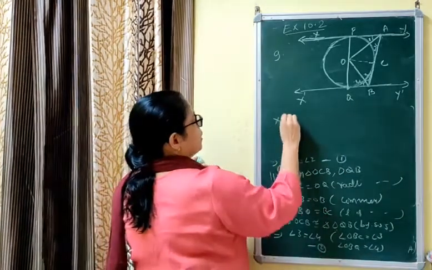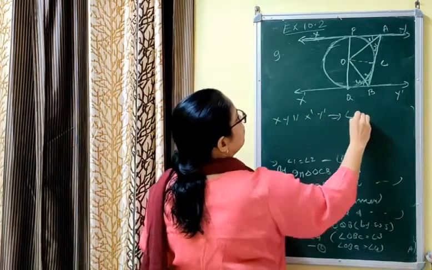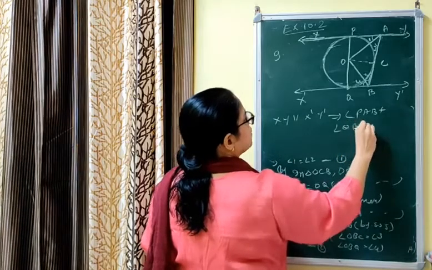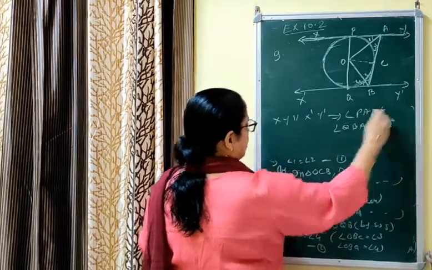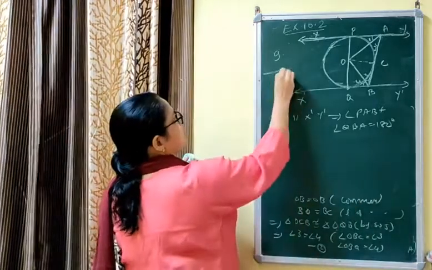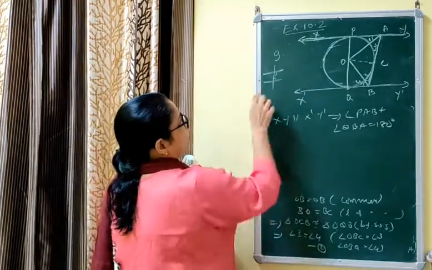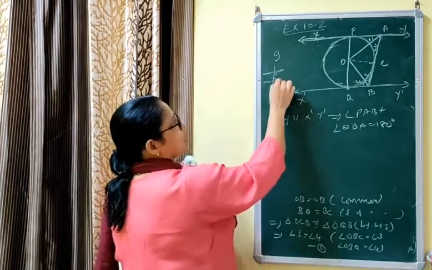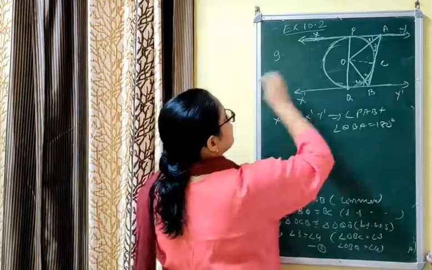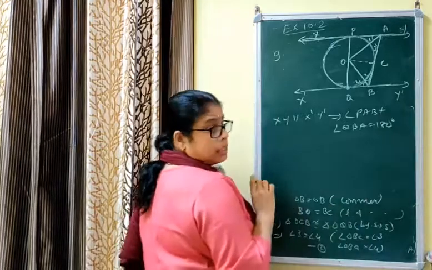See, XY is parallel to X'Y', which implies angle PAB plus angle QBA is equal to 180 degrees. If two parallel lines are intersected by a transversal, the sum of these two angles on the same side is 180 degrees. These two angles are called interior consecutive angles. Since these two lines are parallel, this angle and this angle form interior consecutive angles.